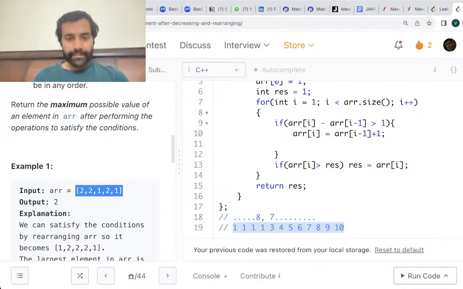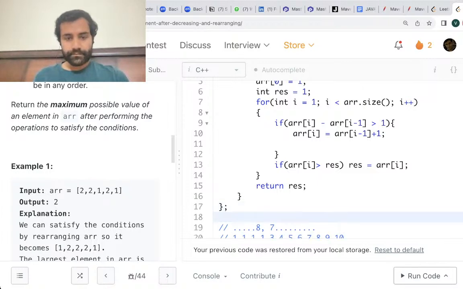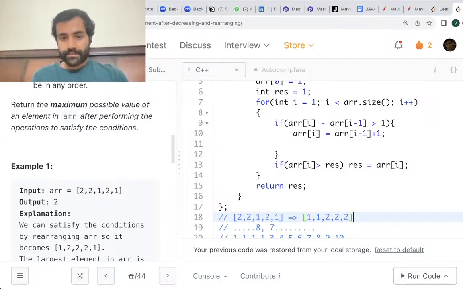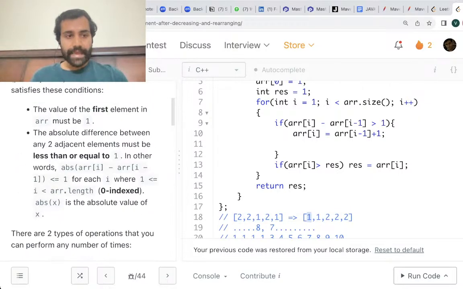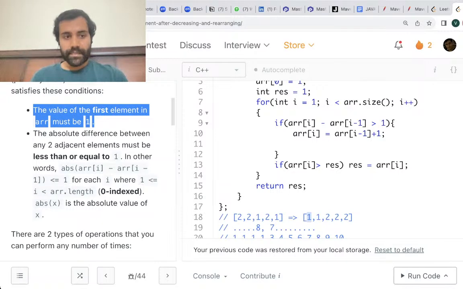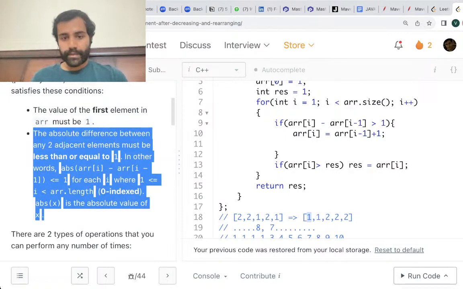If I take it and simply arrange it in ascending order, I'll get 1 1 2 2 2, right? In this particular case, the first element is 1, so the first rule has already been obeyed. Now can you quickly check whether the second rule is already being obeyed or not?